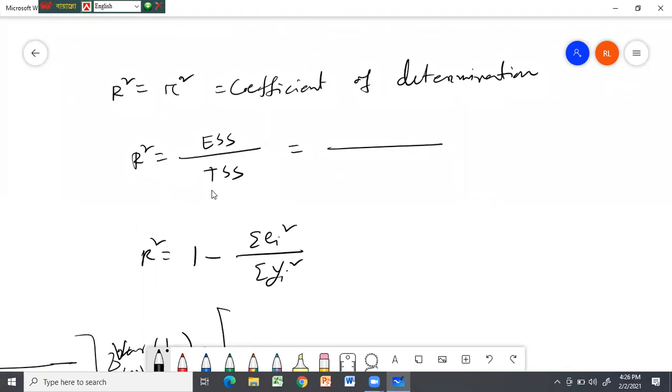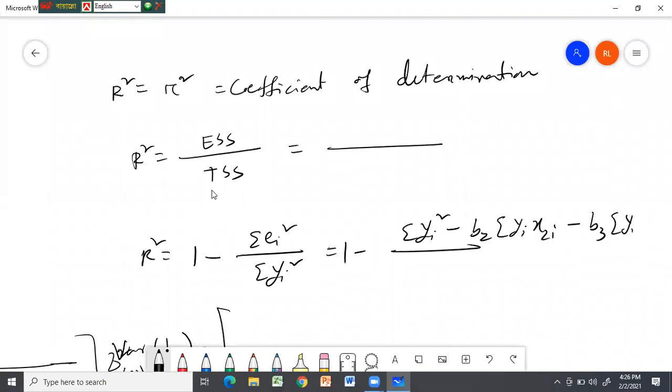Okay, we know that sum of ei square means that you are already given that 1 minus B2 into sum of yi x2i, B3 into sum of yi x3i, এভাবেও চাইলে আপনি ক্যালকুলেট করতে পারেন.